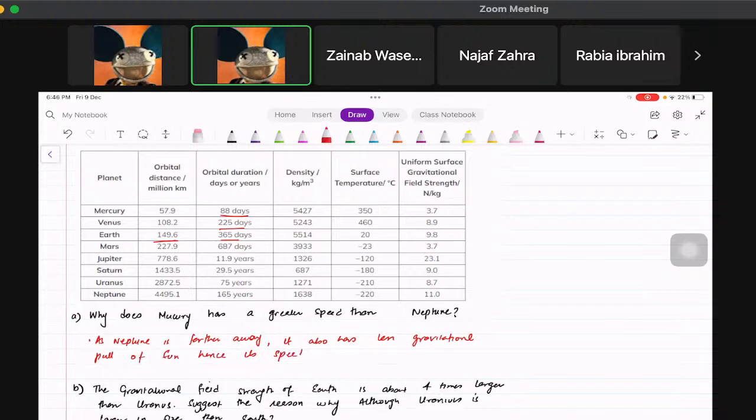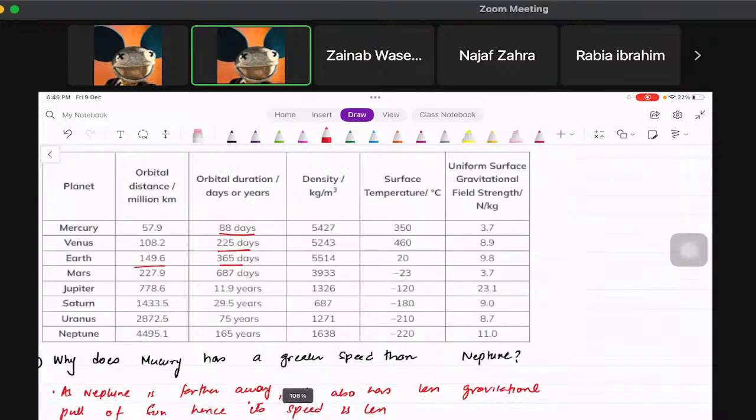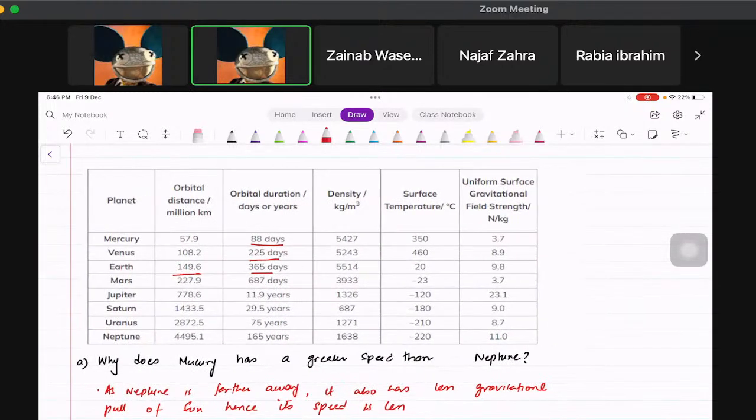Do you understand? It has nothing to do with the duration. It has to do with the speed and the force. Do you get my point? So the larger the gravitational field strength, the larger the gravitational force on the planet, the faster it is going to move. Is that clear? Yes. Okay.